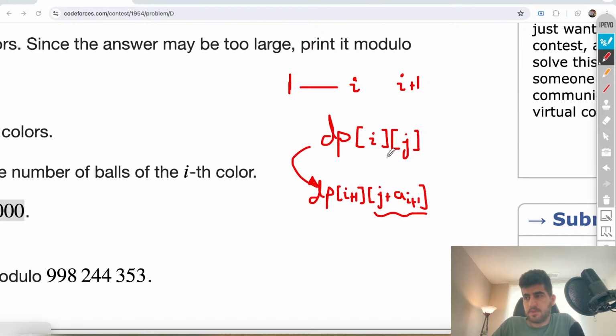So this is a simple knapsack problem, that is how we calculate dp's.